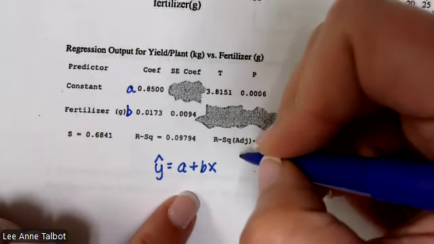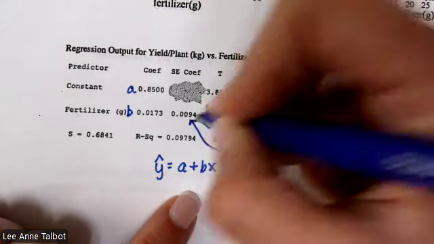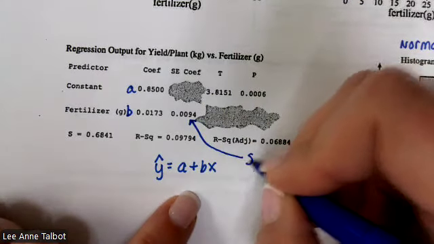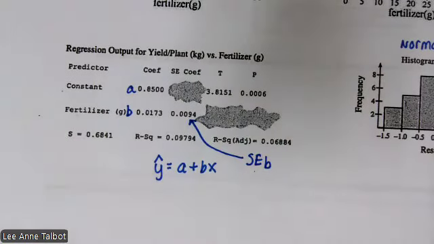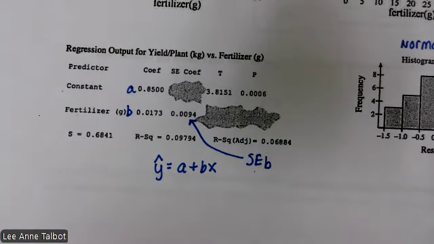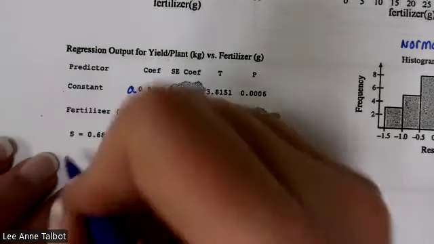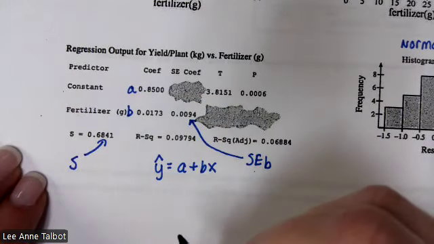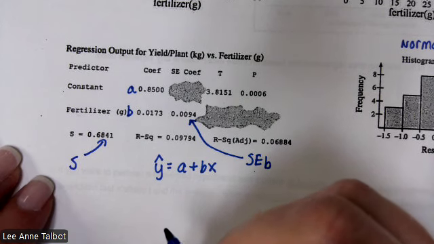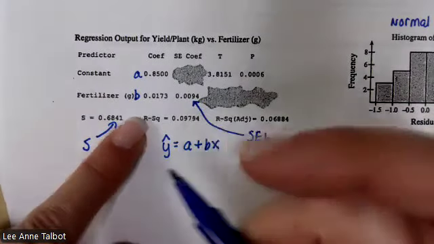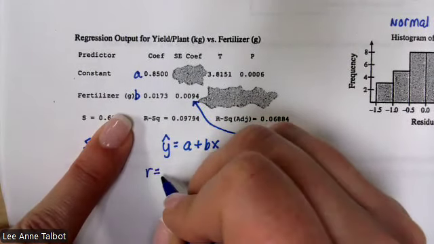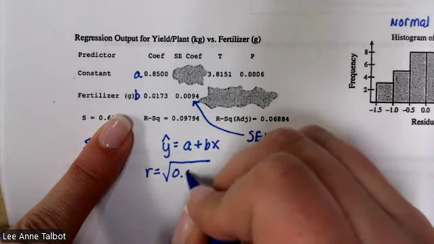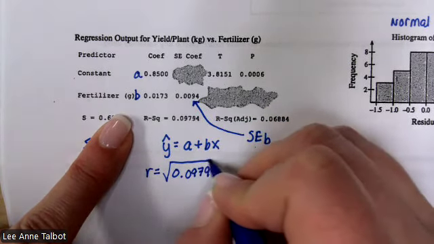This is the standard error of the slope. That is the number that you will put in the parentheses after t star. This is the standard deviation of the residuals. It's just s. I don't really know why I labeled it s again, but that's okay. The last thing I want to mention is that R squared is literally R squared, so R is the square root of that.